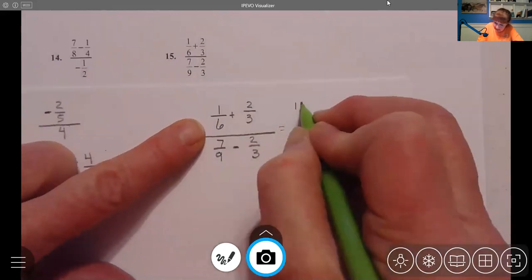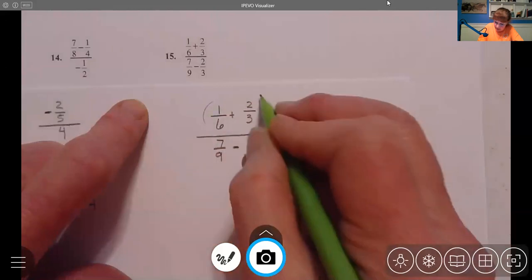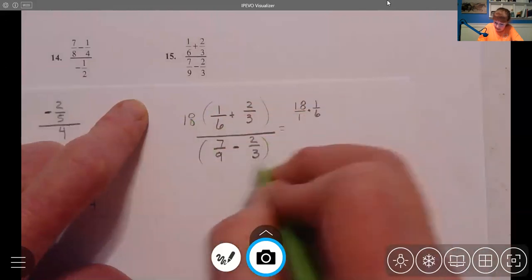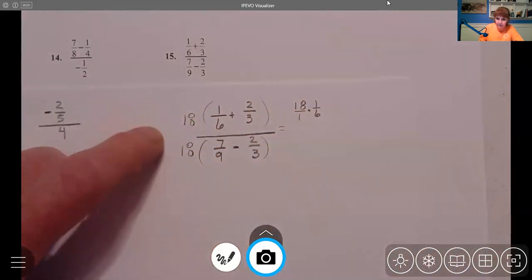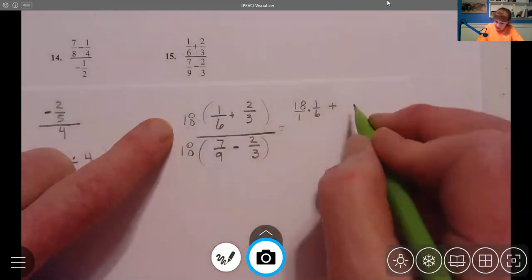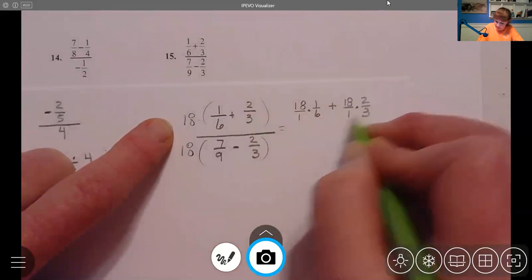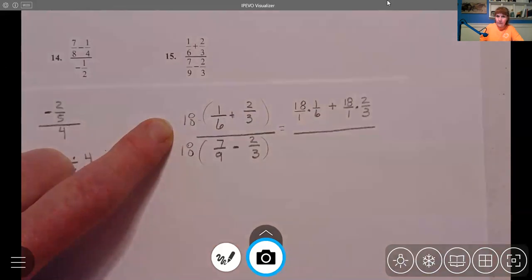I'm going to take 18 over 1 times 1 over 6, because I'm multiplying by 18. So the first one, plus 18 over 1 times 2/3. Okay.